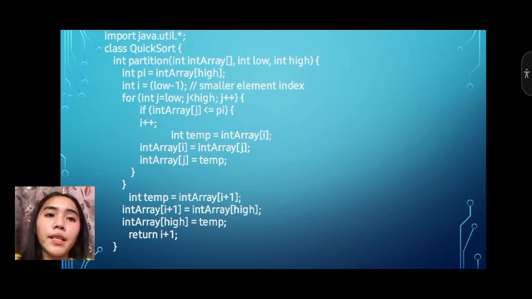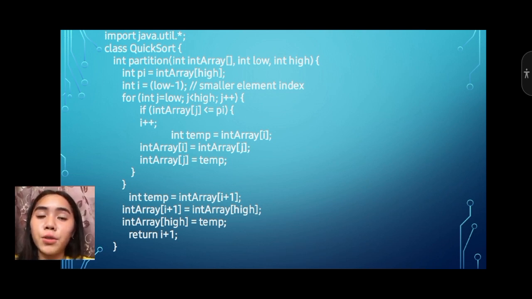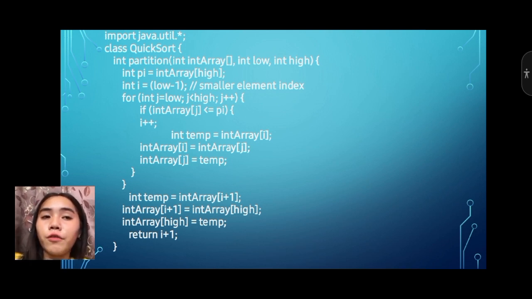Then int p equals partition of int array, low, high. Partition the array around p, the partitioning index, and return p. Then quick_sort int array, low, p minus 1. So we sort each partition recursively.